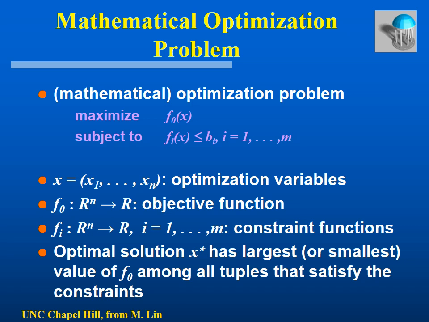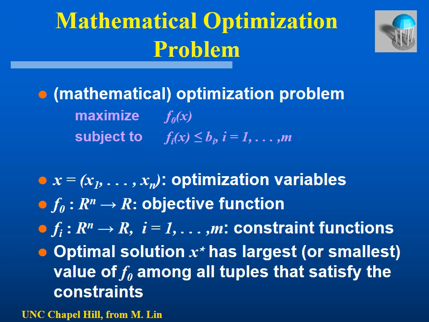And moreover, we may have another function, f sub 2, that says the x tuple has to also satisfy f sub 2 of x is less than or equal to b sub 2. And we may have m such constraints. Then we have this so-called constrained optimization problem.